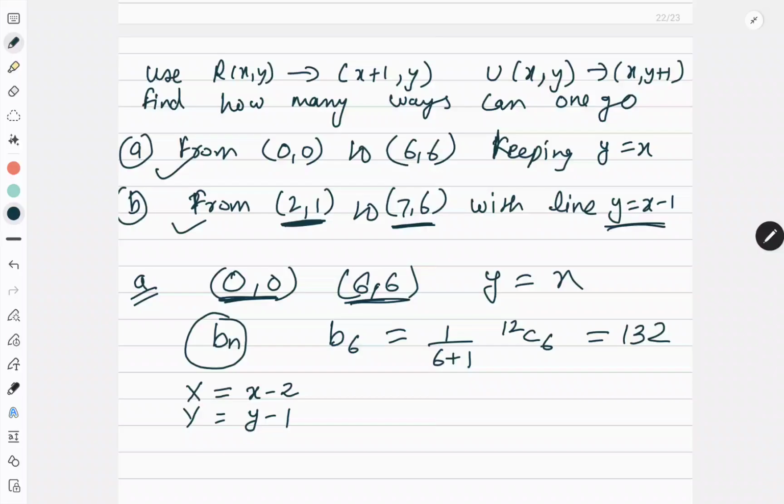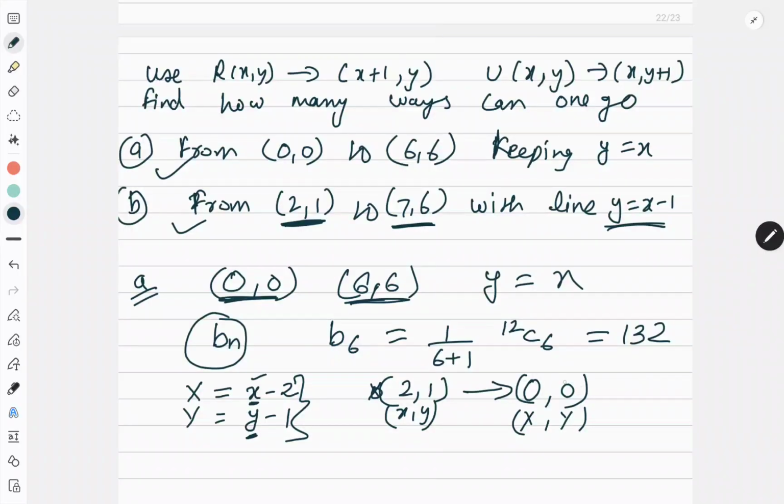So now if I put x is equal to 2 here, 2 minus 2 is 0. So the point 2 comma 1 will get converted to 0, and if I put y is equal to 1, 1 minus 1 is 0. So basically this small xy got converted into capital X comma Y, and I got the first point at 0 comma 0.